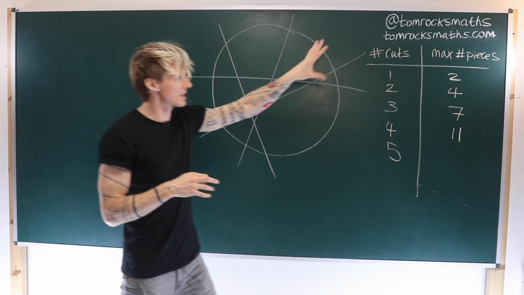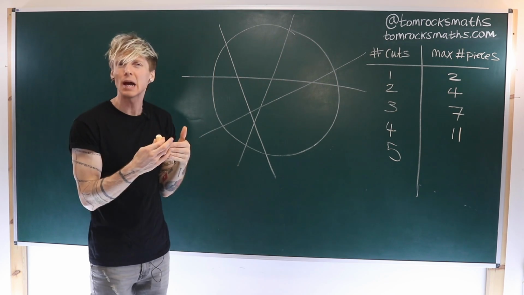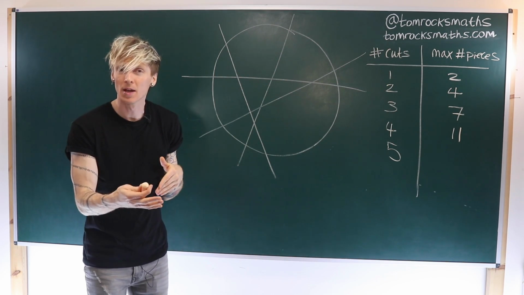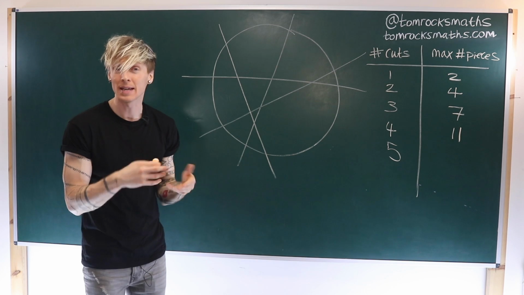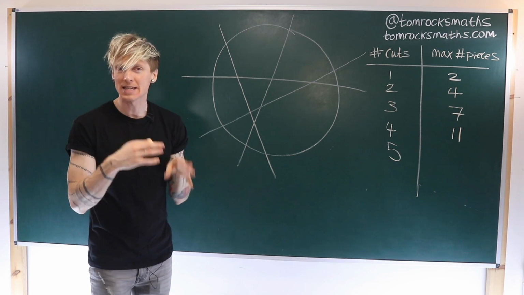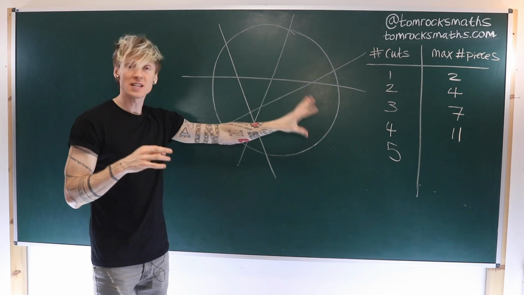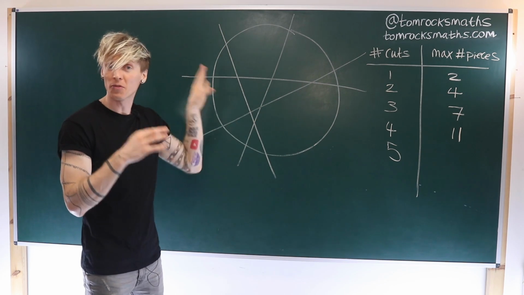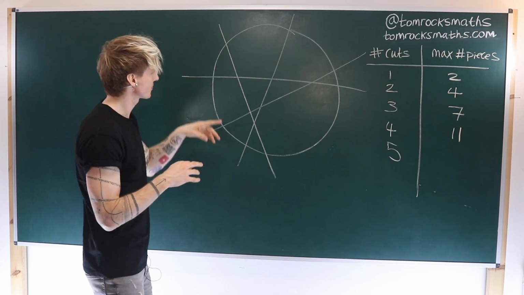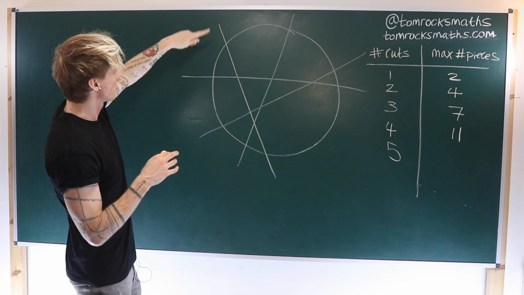And so to get the maximum number of pieces, we want to break up as many regions as possible, which here ultimately means intersecting as many different lines as possible. So when adding this fifth line, I want to intersect the 4 lines we currently have. So let's see how to do this.